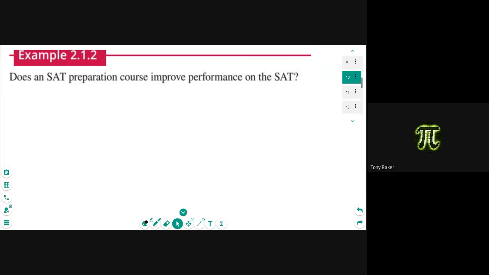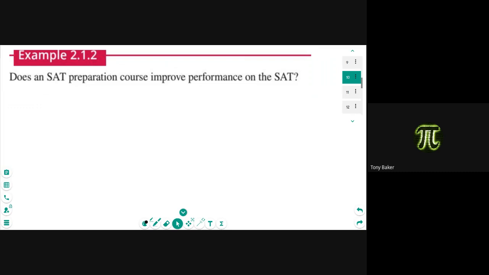You want to show improvement with that group, but you also want to show that the group's performance is better than a typical performance. Because if you take the SATs and then take them again, you're always going to improve your score. On average, it's about 100 points just by taking the SATs a second time. So you want to show that the prep class is significantly higher than the standard change.